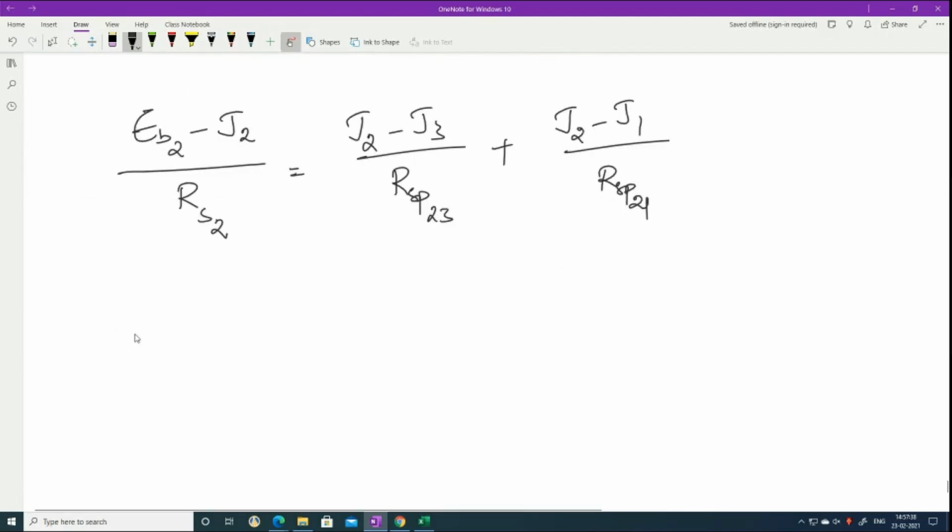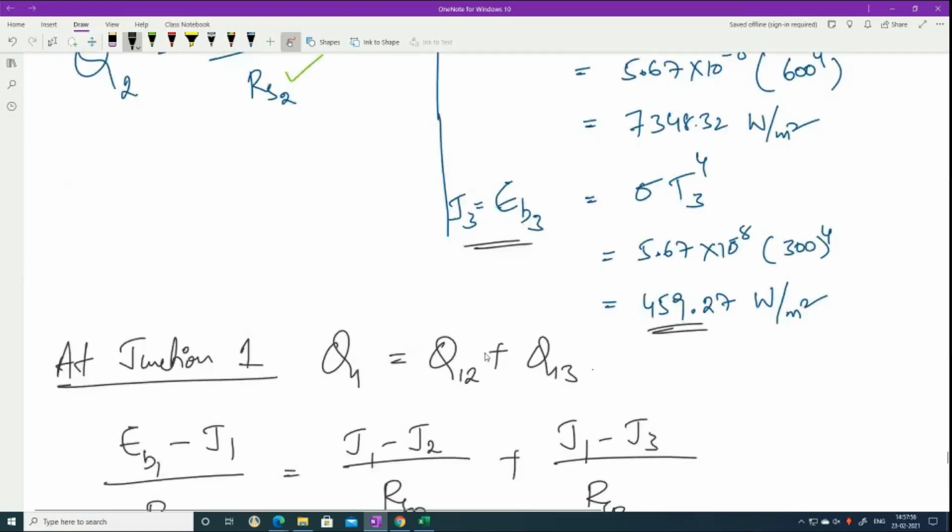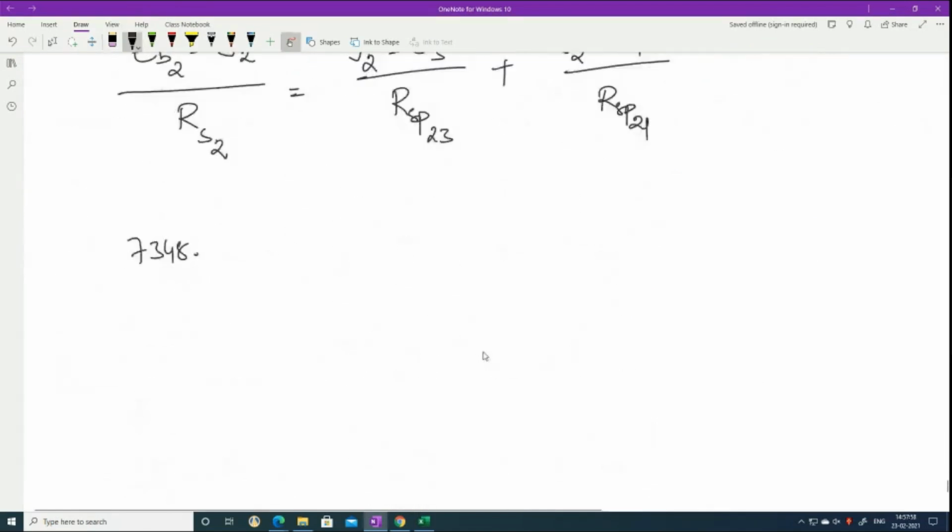Substitute the values here. The EB2 value is 7348.32 minus J2 by RS2.